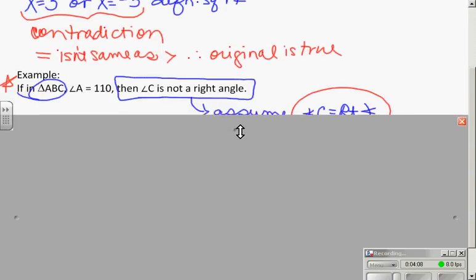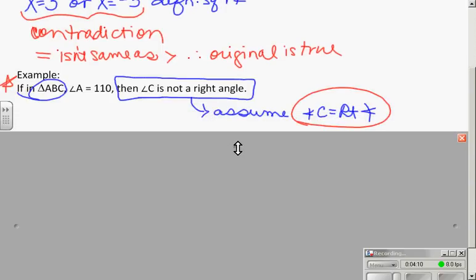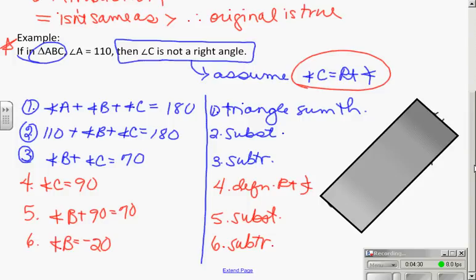Here's our second example. This one really illustrates this point well. If in triangle ABC, angle A is 110, then angle C is not a right angle. So my then part turns into a false assumption that C is a right angle, and then I'm going to go through a proof.